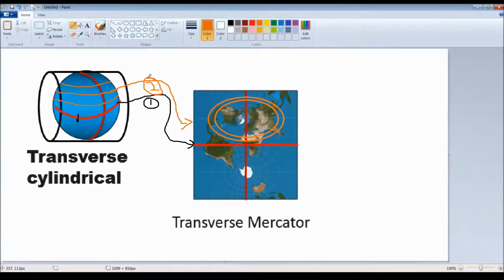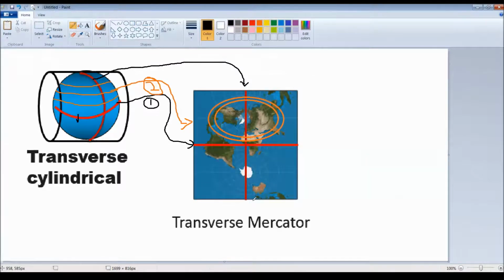Okay, how about the longitude circles? This is the principal meridian here. You see, this is one of the meridians. So where is this going to be projected? This line here, or this longitude circle, is going to be projected as a straight line. This is where you are going to do the cut here. You do the cut here, it's going to be a straight line.